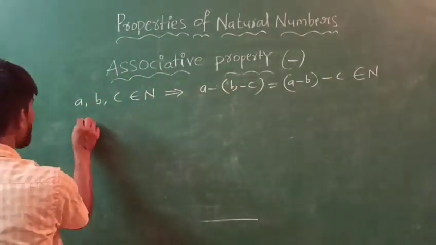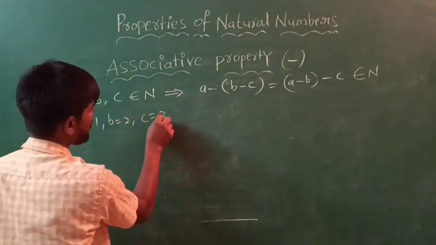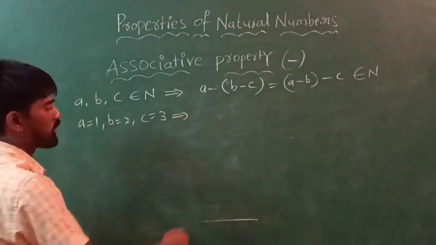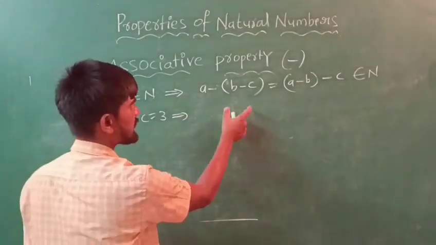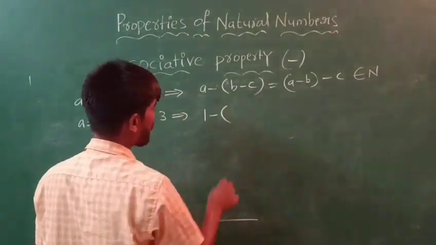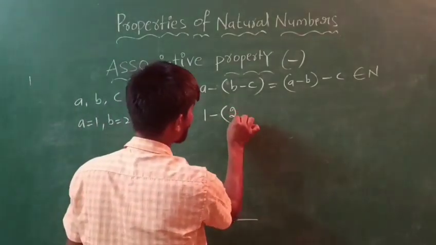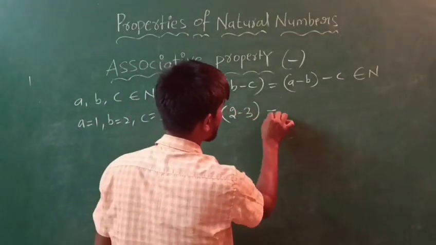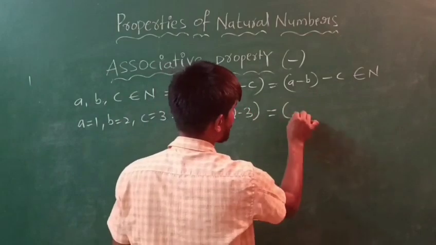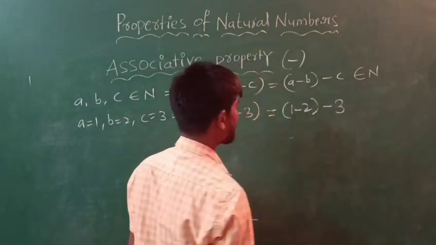Here, a is equal to 1, b is equal to 2, c is equal to 3. That implies I am going to substitute directly in the LHS and RHS values. 1 minus (2 minus 3) equals (1 minus 2) minus 3.